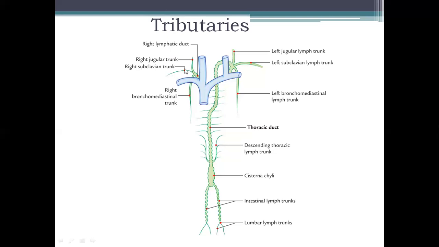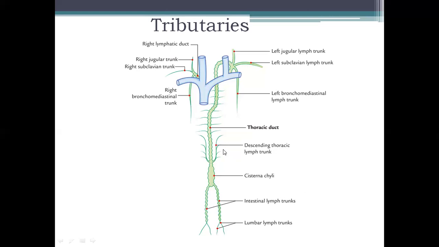So here we are going to see the tributaries. Tributaries are for draining the contents from a particular area. In the abdomen, we will have the lower 6 intercostal lymph nodes from both sides.